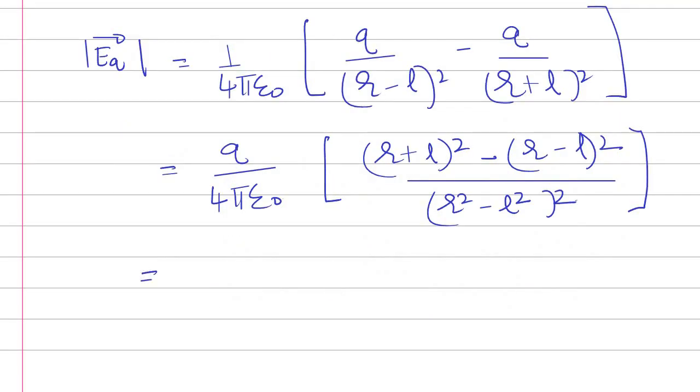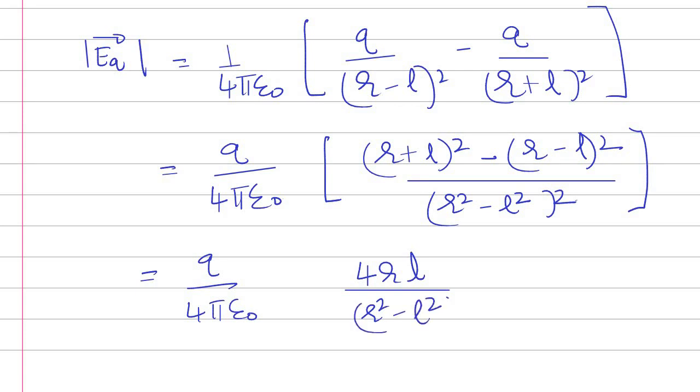Now a little bit of 9th standard algebra. We know that a plus b the whole square minus a minus b the whole square is 4ab. So it's going to be 4RL upon R square minus L square the whole square.